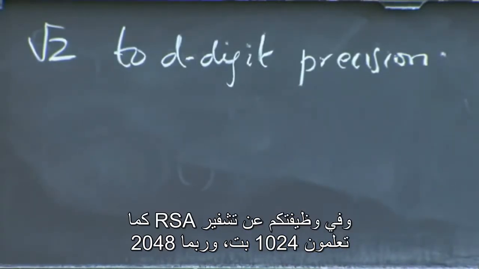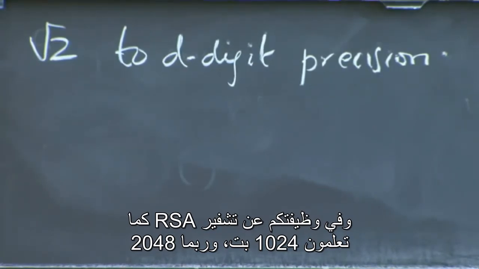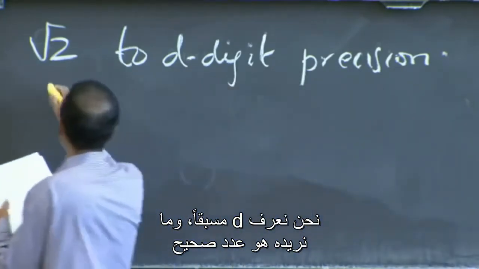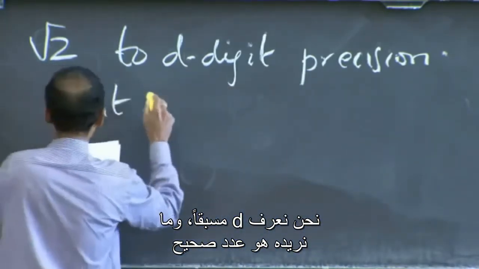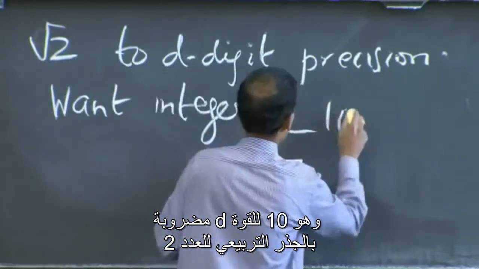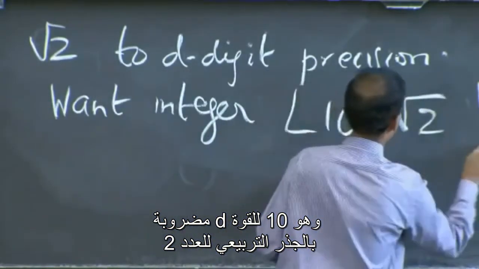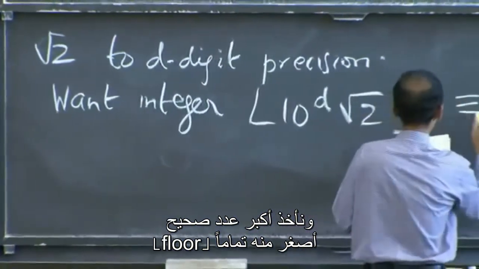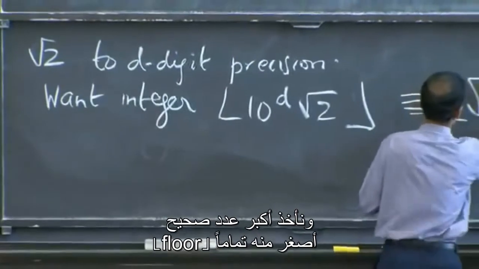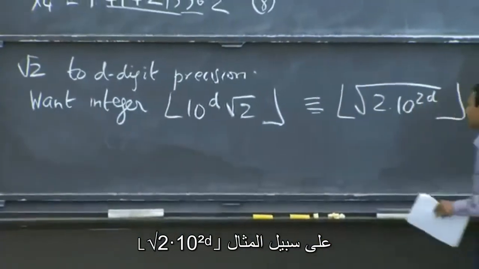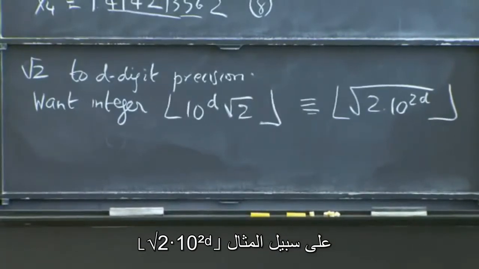In the case of your problem set in RSA, we're going to have 1024-bit numbers, maybe 2048. So we know d beforehand, right? And so what we want is an integer which is the floor of 10 raised to d times square root of 2, which is essentially the same as that, 2 times 10 raised to 2d, okay?